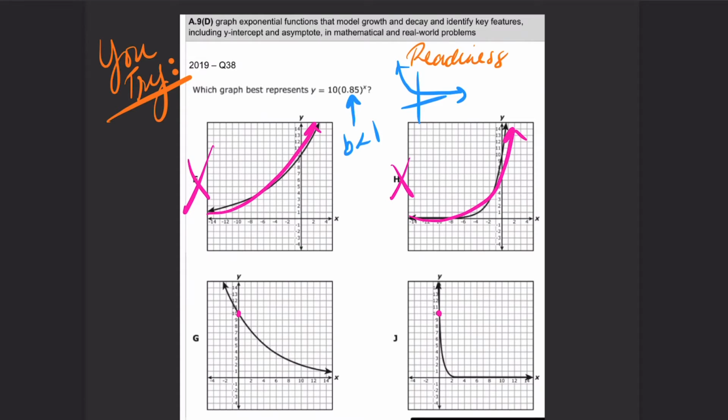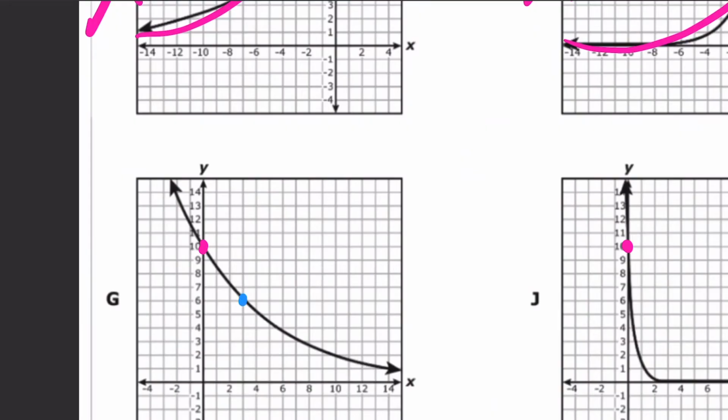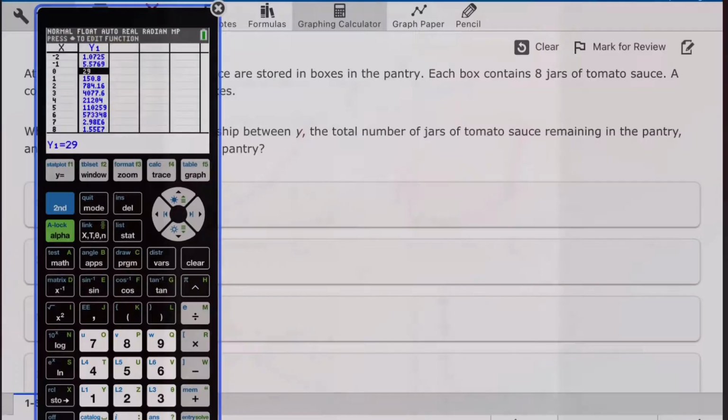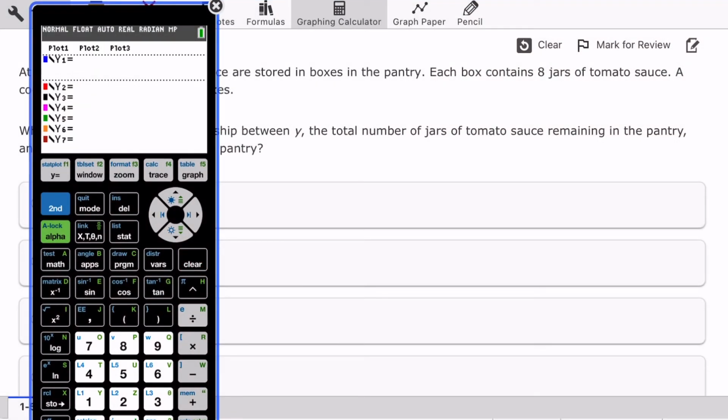So that means we are going to have to graph it and check some points. The graph of G has the point (3, 6). So let's see if G is the answer. I'm going to graph the following and see if the table has the point (3, 6) in it. 10 times 0.85 to the x. Here is the graph.